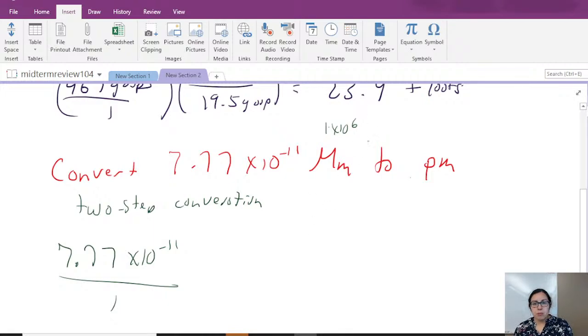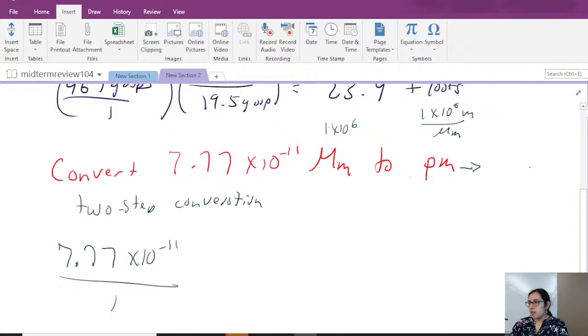And so, right, we can write our conversion factor. So 1 times 10 to the 6 meters is equal to 1 megameter, right, because it's multiplied times the base unit. And then our picometers, so remember those are tiny units.